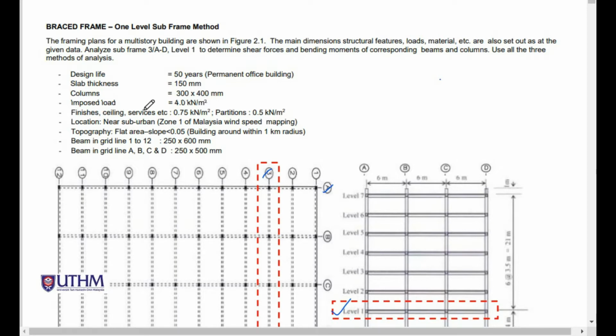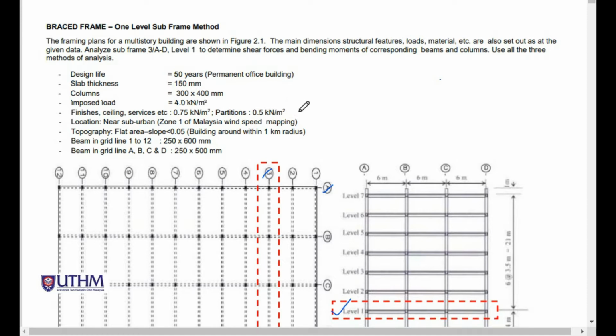Finishes, ceiling and services, which is the GK, is equal to 0.75 kilonewton per meter square. And partition is QK, because you can change the location of the partition, and the value is 0.5 kilonewton per meter square.